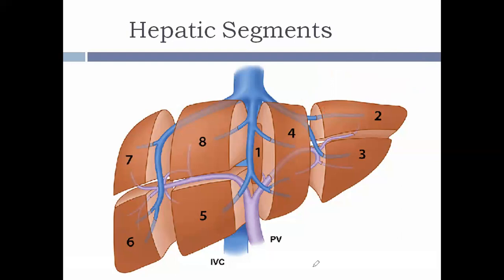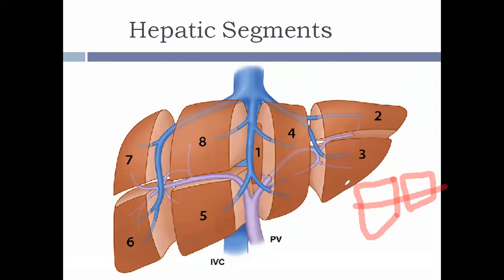Now we'll come from the left side. We saw that the left lobe is divided into a medial and lateral, right? So this is the medial and this is the lateral. Again, a plane divided this into upper and lower lobe, right?